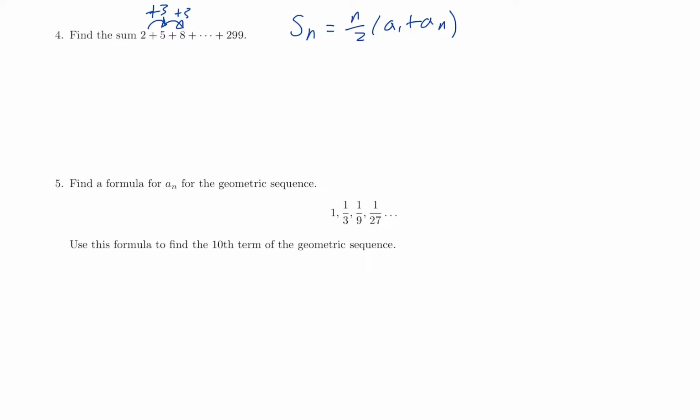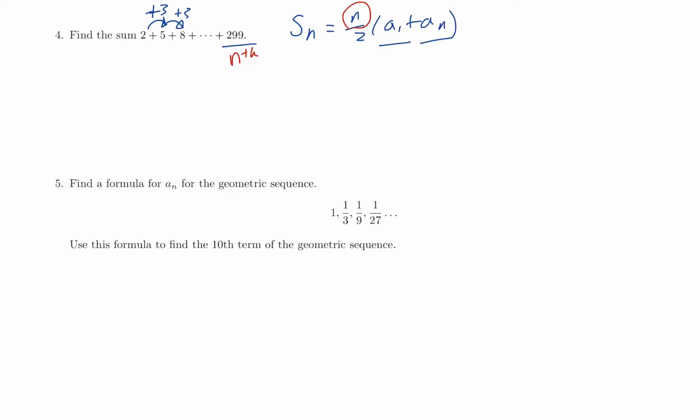We can find the first term, and we know the last term is given, 299. But we don't know what n is, so we have to figure out what n is. This is also the nth term, the last term. In order to figure this out, again, we have to use the arithmetic sequence equation.